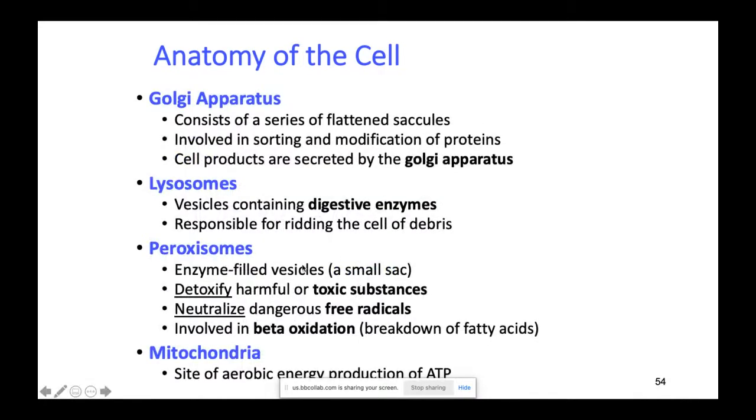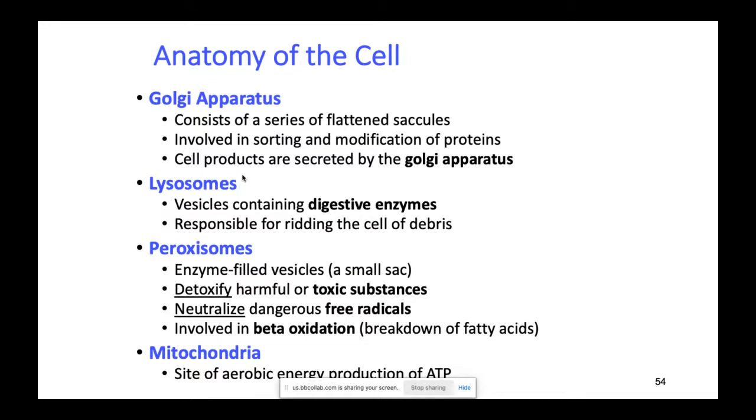That's the smooth ER. The Golgi apparatus consists of a bunch of those flattened saccules, and they're involved in sorting and modifying of proteins. So the rough endoplasmic reticulum can make certain proteins, and then they ship it off to the Golgi apparatus where they modify them.